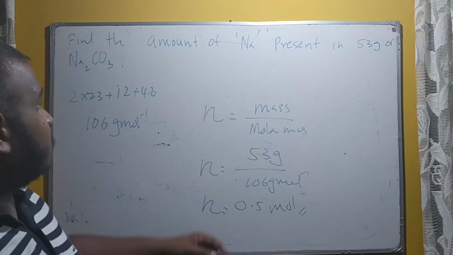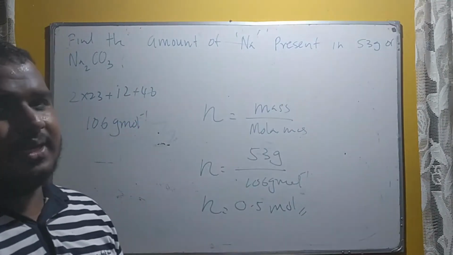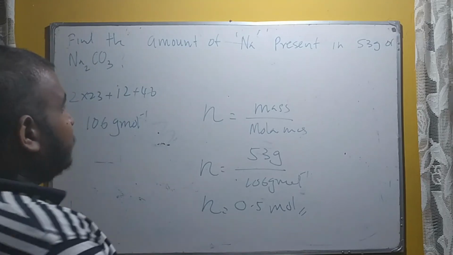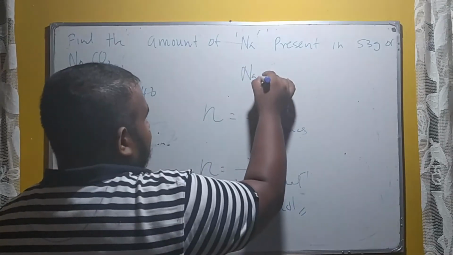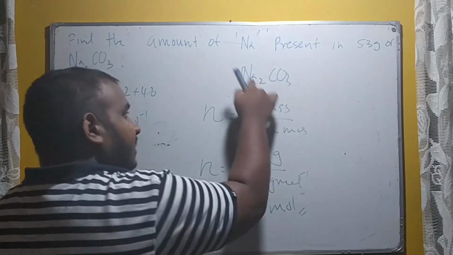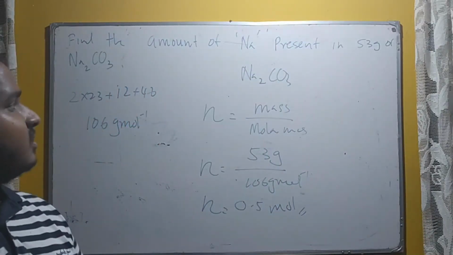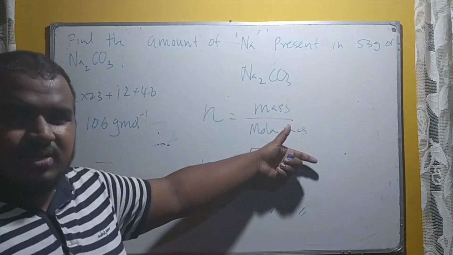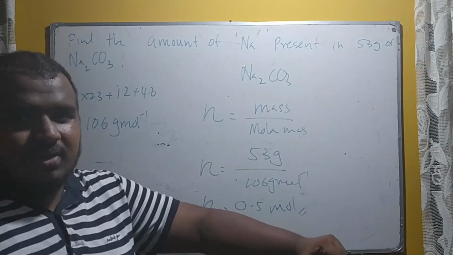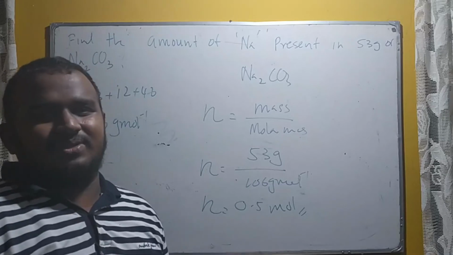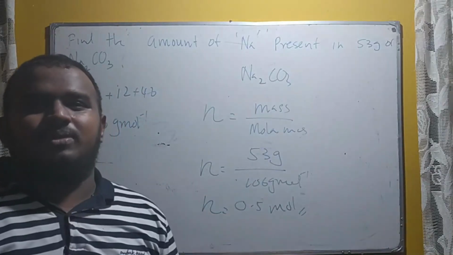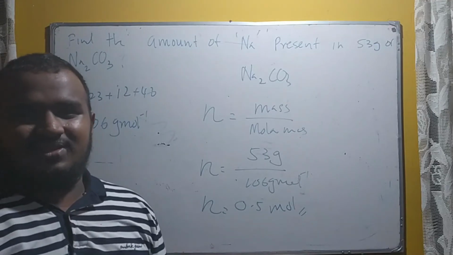They have asked how much sodium is present. They didn't ask how much sodium carbonate is present. In one sodium carbonate there are 2 sodiums. In half a mole of sodium carbonate, there is 1 mole of sodium present, double of it.